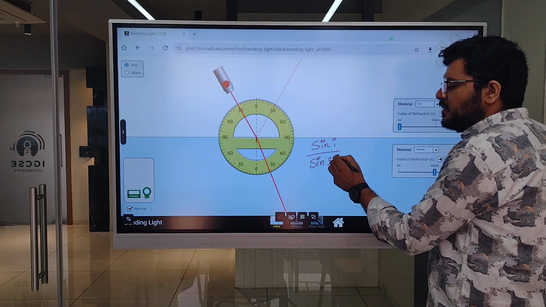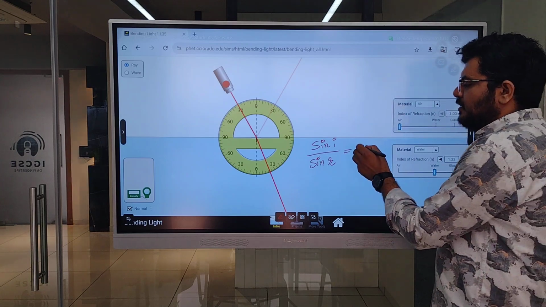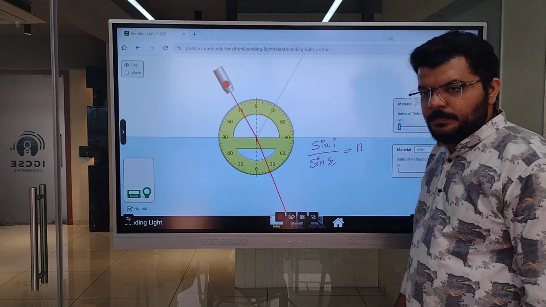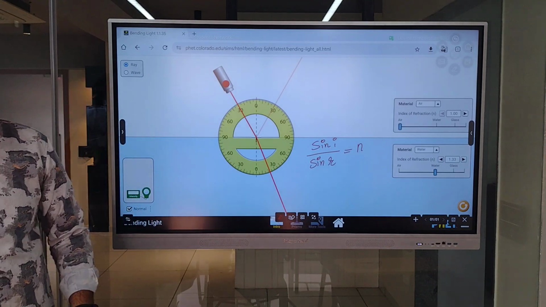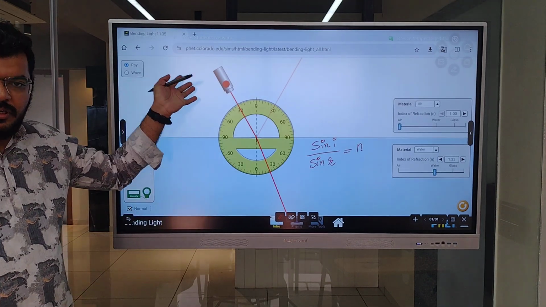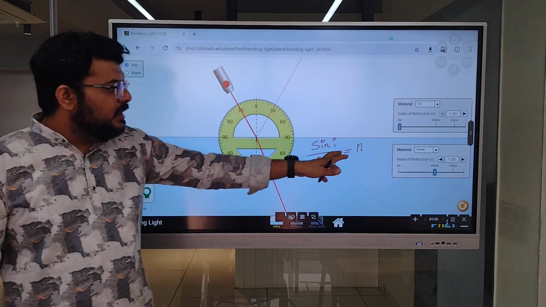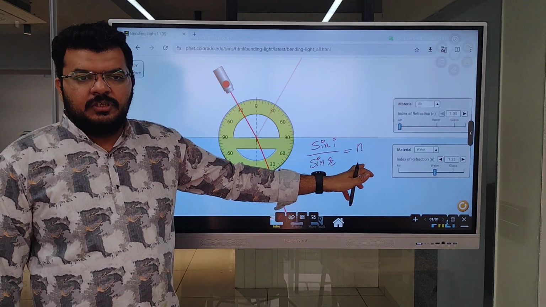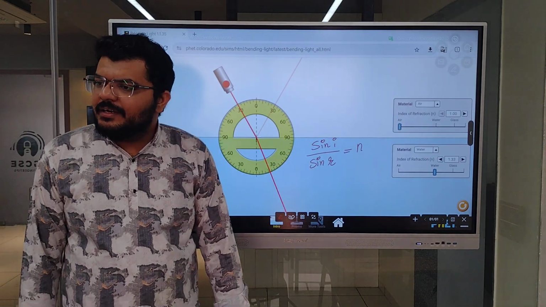Sine of angle of incidence upon sine of angle of refraction is a fixed ratio, which is known as refractive index. So whenever light is going from rarer to denser, air to water, there will be a ratio n, from where I can find out the ratio of I and R.